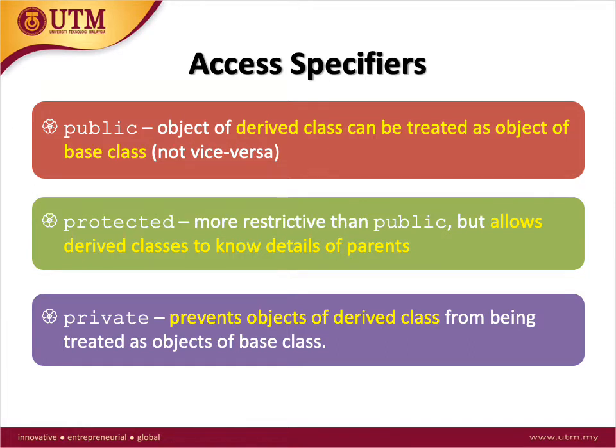For public, an object of the derived class can be treated as an object of the base class, but not the other way around. Protected is more restrictive than public, and private, of course, prevents objects of the derived class from being treated as objects of the base class. We will discuss this in more detail after this.